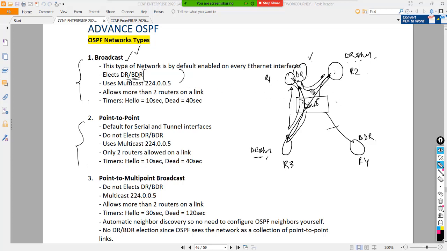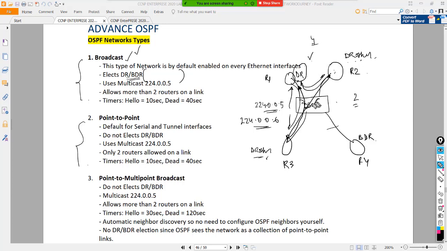What is the multicast IP? By default, they are going to take 224.0.0.5, and any update or any reply will be taken up on this multicast address. In the case of broadcast, as you know, more than 2 routers are required. Like in this case, there are 4 routers that we used.